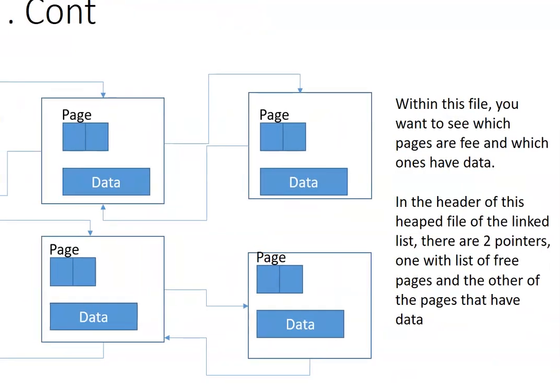Within this file, you want to see which pages are free and which ones have data. So in the header of this heap file, the linked list which we saw initially, there are 2 pointers: one with the list of free pages and the other with the list of pages that have the data.